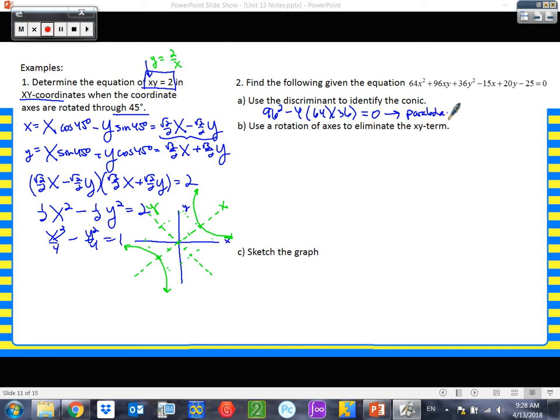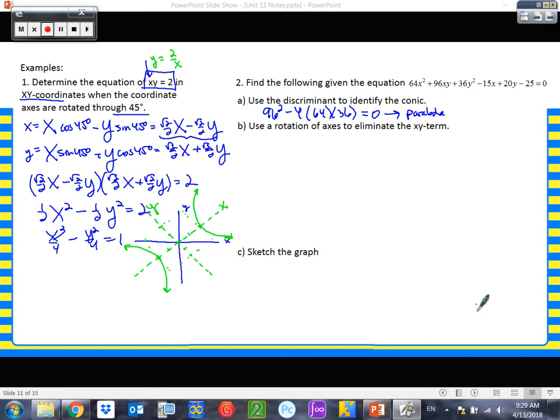Okay, so we just use that formula on the other page to determine what we'll end up with. This is going to be a parabola, which seems very strange to us, because if we would look at this, we would think this is going to be an ellipse, right? Because it's got an x squared and a y squared, but that is not how it's going to turn out. So it's kind of helpful for us to know what it's going to turn out to before we start working with it.